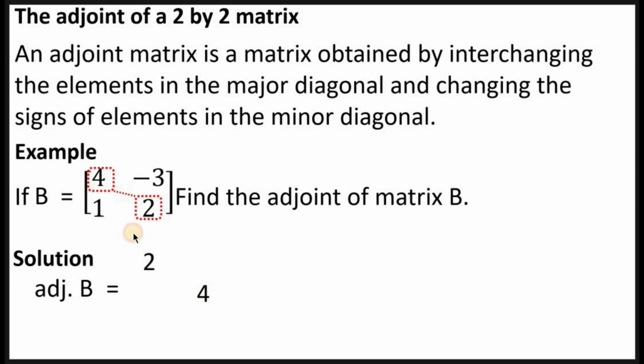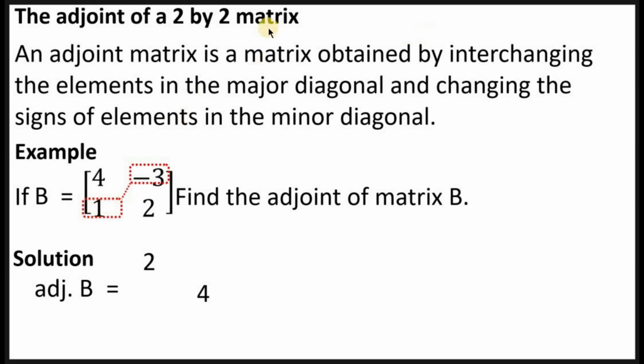Then next, what we do, you change the signs here. Here the sign is negative, here the sign is positive. So here you put positive, here you put negative. That's how you do it.